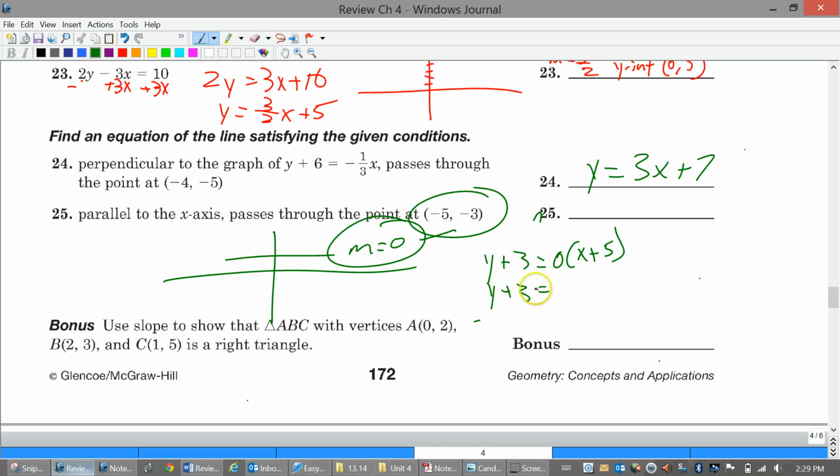You do y plus 3 equals 0, y equals -3. Or, if you know that horizontal lines have a y equals equation, and they go through that point, that has to be y equals whatever the y coordinate is. Either one works.